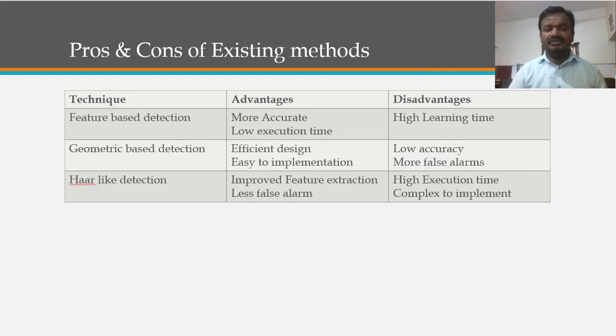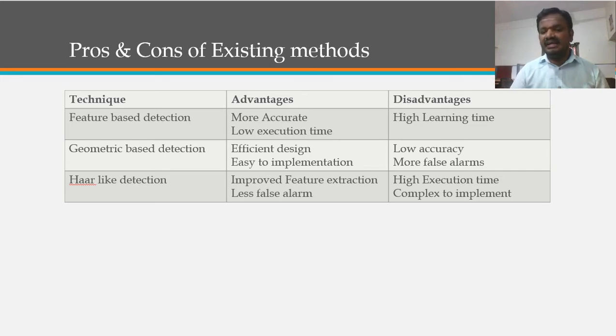And we have the pros and cons of existing methods. Feature based detection is more accurate with lower execution time, but it has a higher learning time. Geometric based detection has an efficient design and is easy to implement, but has lower accuracy and more false alarms.